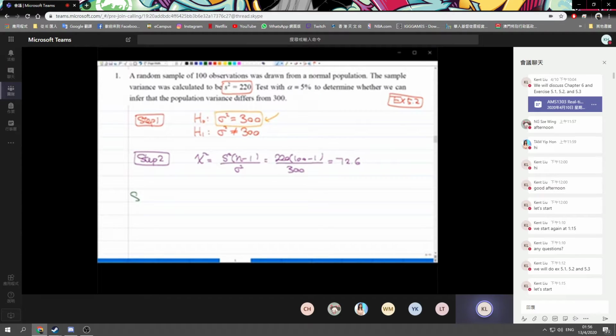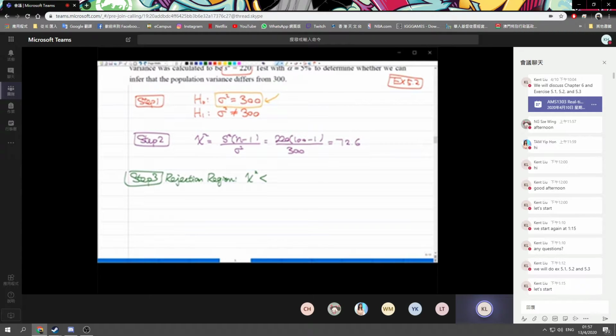Now it comes to the rejection region. This is not equal in the alternative, so there will be two sides. The difference from the t-test is that we don't put negative here, because the chi-square distribution is always on the positive side.